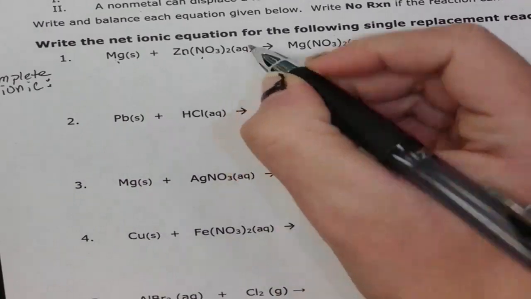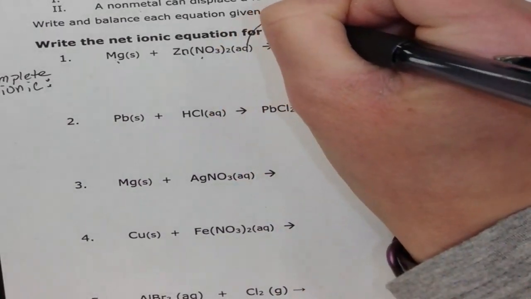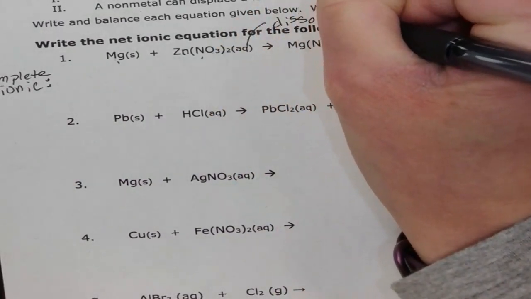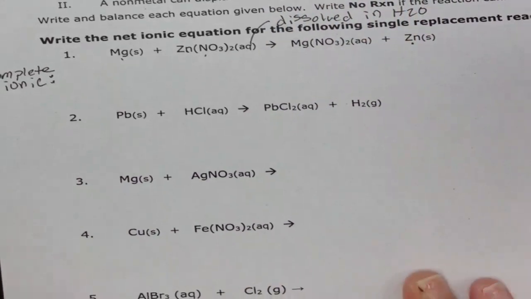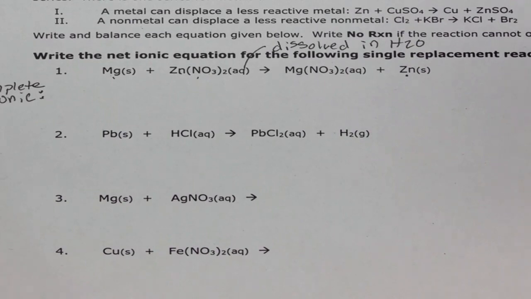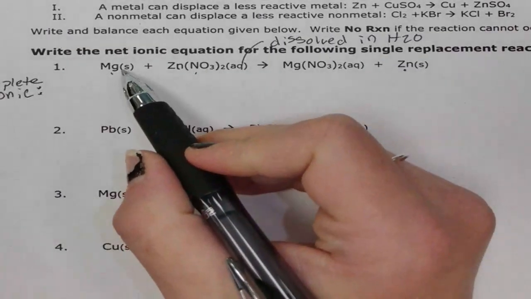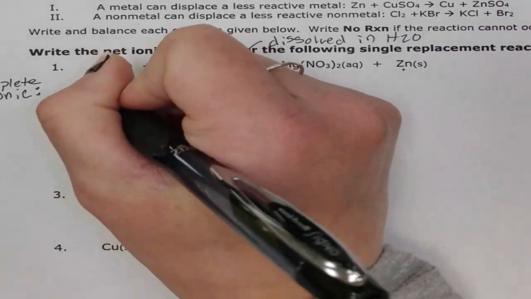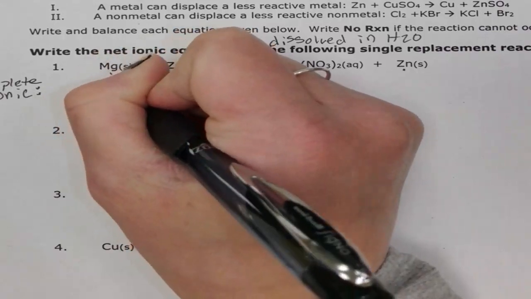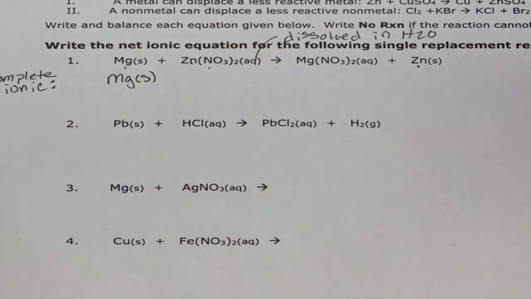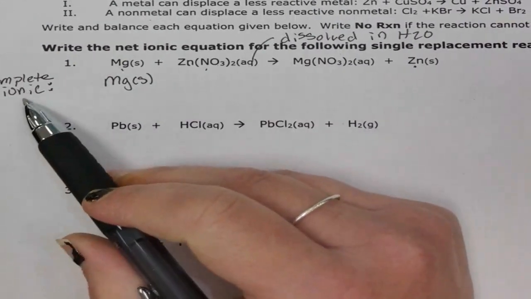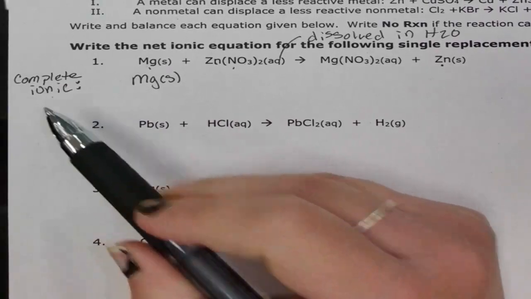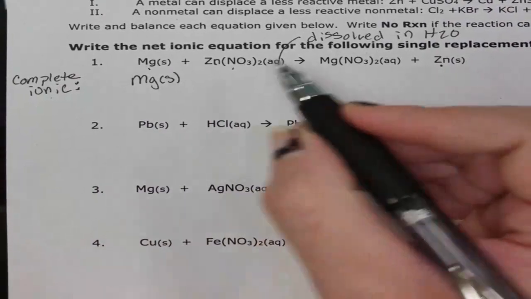Now remember, aqueous means dissolved in water, so it is in the ion form. Magnesium is a solid. Solids, we are saying, are not dissolving in water, so we're going to write them as is. Same thing with the liquid or gas. We're only going to break apart the aqueous components for our complete ionic equation, never the solid, liquid, or gas.